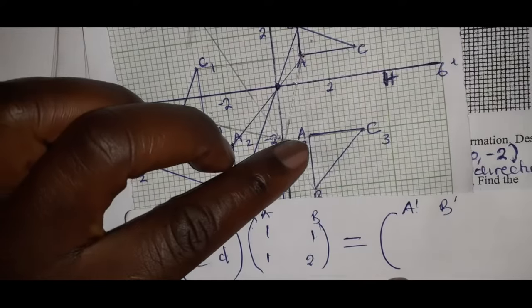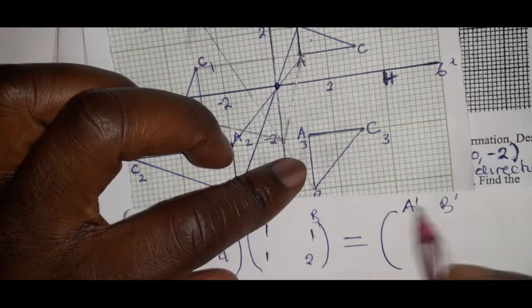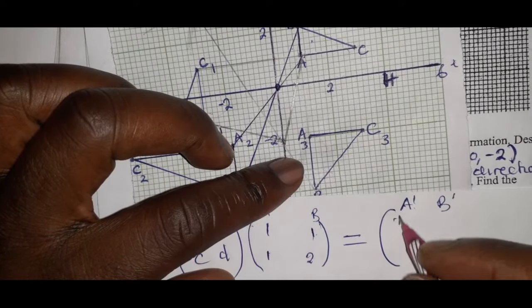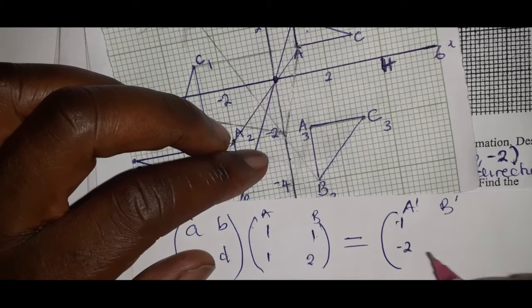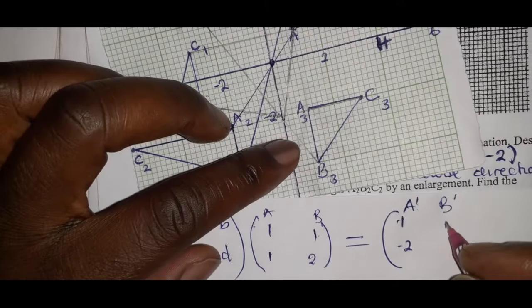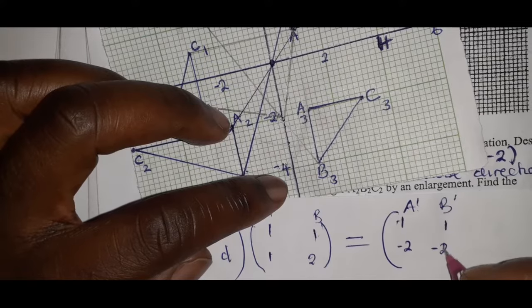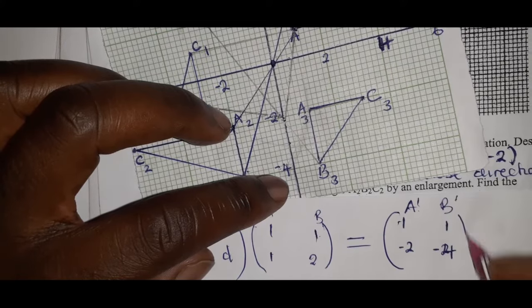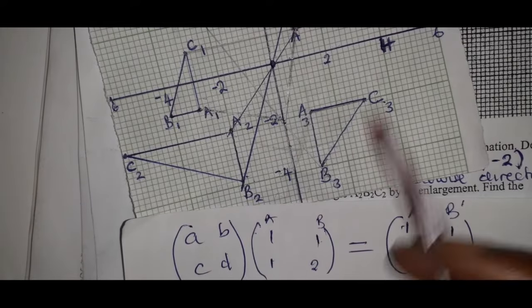So what is the image of A? It is still 1, now -2. Then B, it's also 1, then -4. Just pick, if we're going to pick C and B, that's okay.